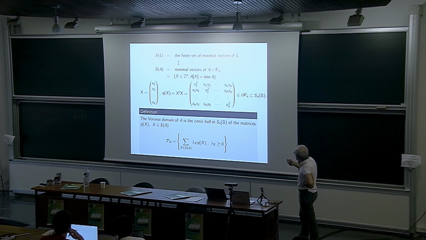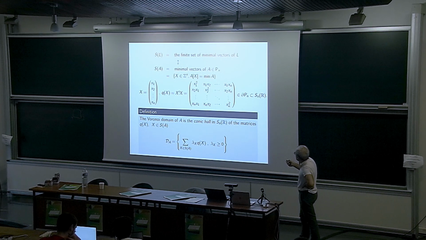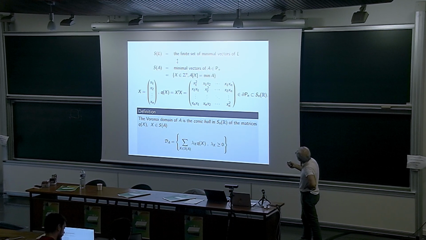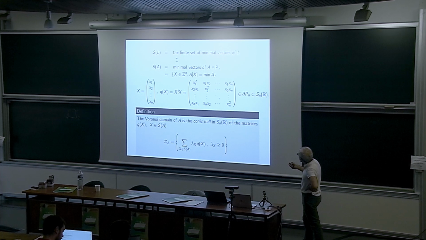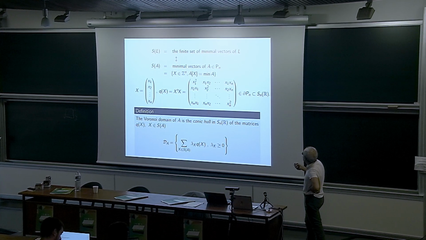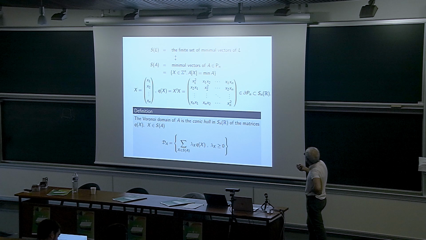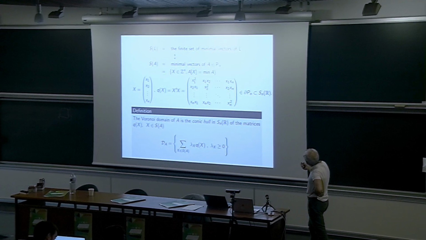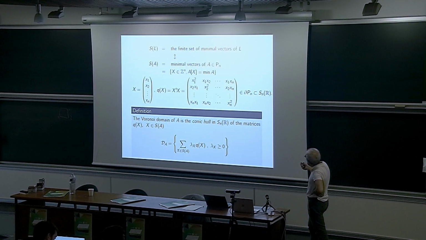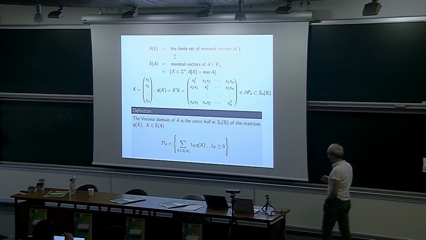But it's not a positive definite symmetric matrix because it's very degenerate. It's highly degenerate because it is a rank 1 symmetric matrix by construction. But it's on the border of the positive definite cone. So these objects will be the basic objects to define Voronoi domains and perfect forms.